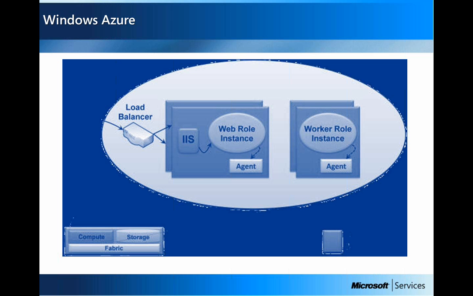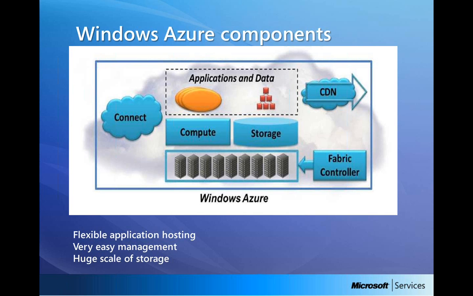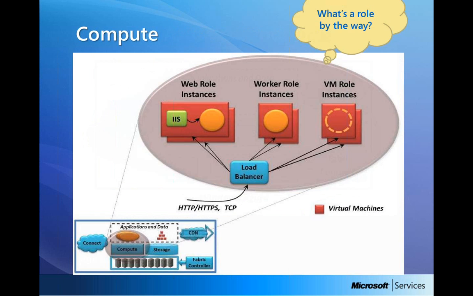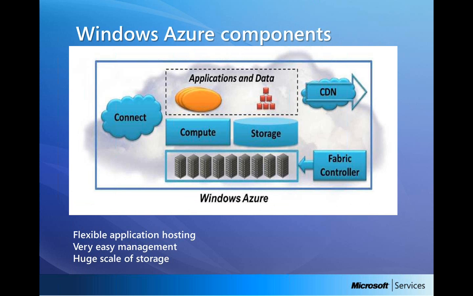Now here I want to discuss this. Coming back to this, there is one more component. You can see this is a Fabric controller, and it is a part of your Windows Azure Fabric.